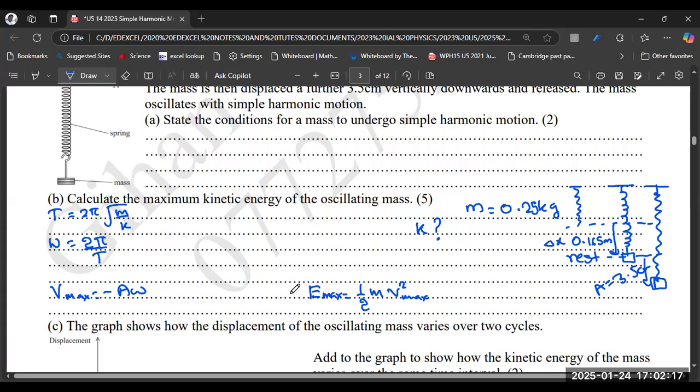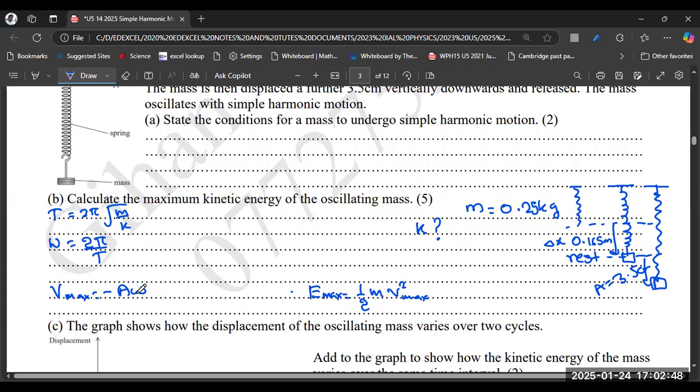They start from here and make the question without giving one piece of information. The examiner knows, if I ask the student to find the maximum kinetic energy, I should not give v max. Then the student has to use v max equals A omega. Then the examiner decides, out of that I will give A, but I will not give omega.